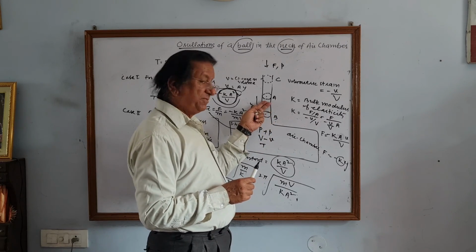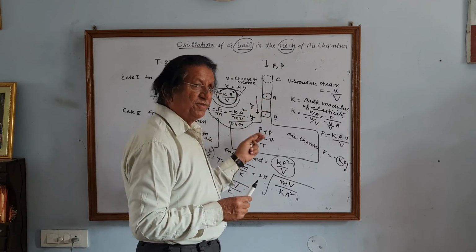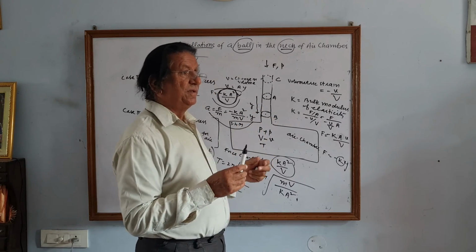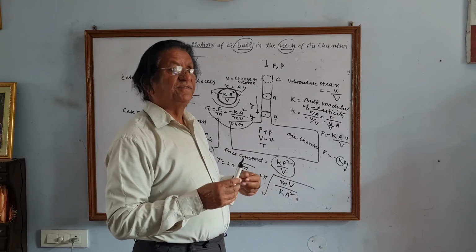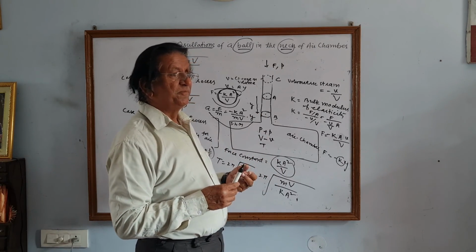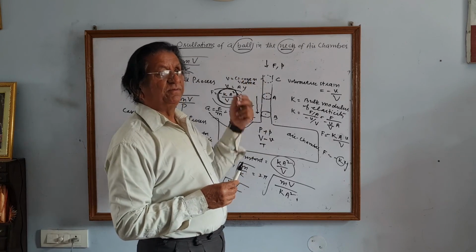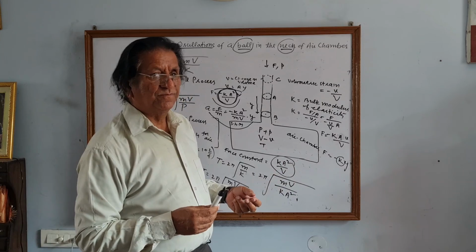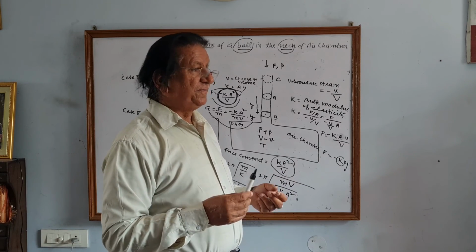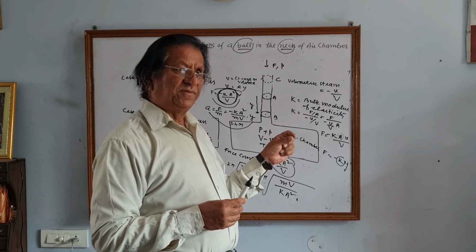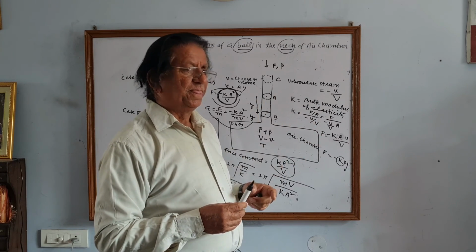Number two, when this ball is executing simple harmonic motion, it may suffer some loss due to air friction. The outside air will also resist its movement. Wherever there is motion, there is friction. Air friction will be there, apart from the friction between the surface of the ball and the surface of the neck of the air chamber.